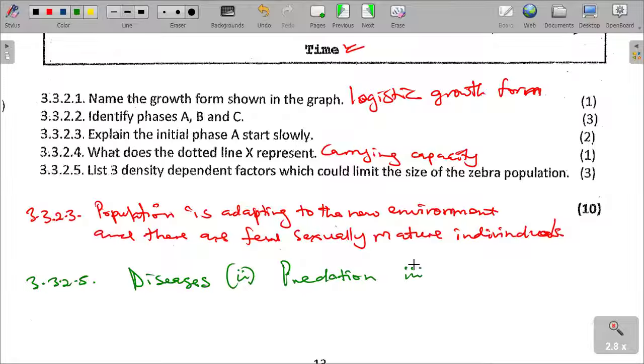And then we can as well agree to say competition, for food or space or mating partners.